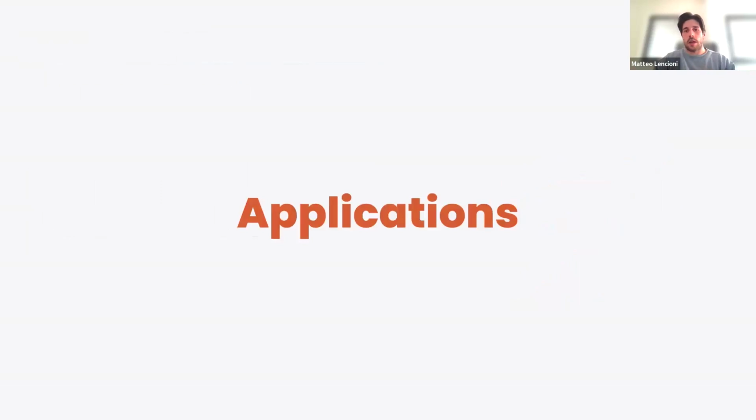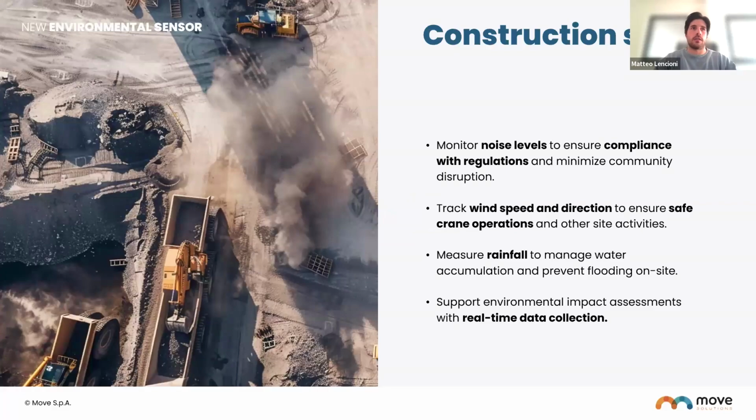Now a little bit on the applications for this device. Construction, definitely I would say the most common. I'm thinking of particulate matter, noise, but also wind speed and wind direction, especially in relationship with the particulate matter monitoring.